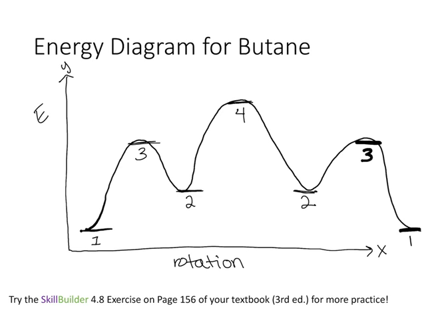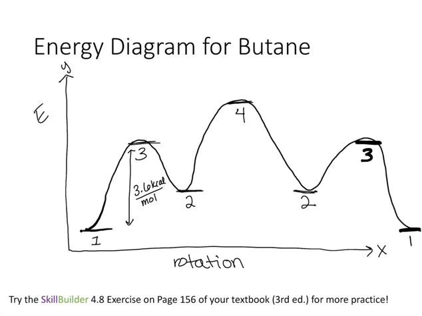All right. So actually, we can measure the energy difference between all of these structures. And what we find is that the difference in energy between level 1 and level 3 is 3.6 kilocalories per mole.